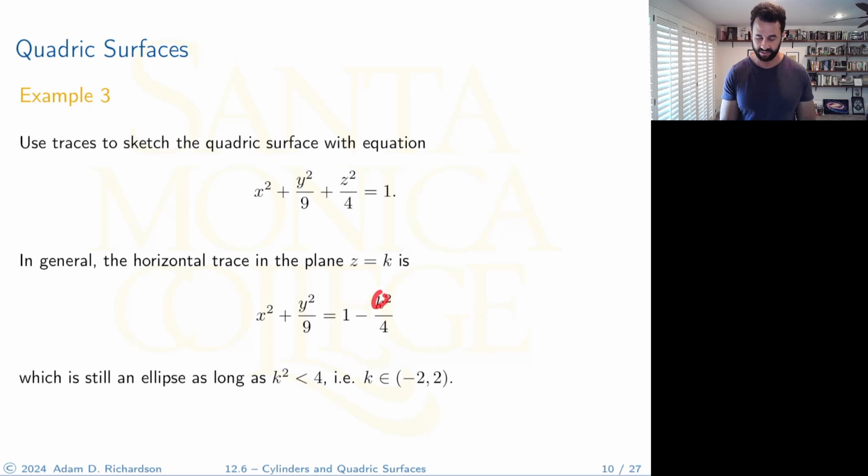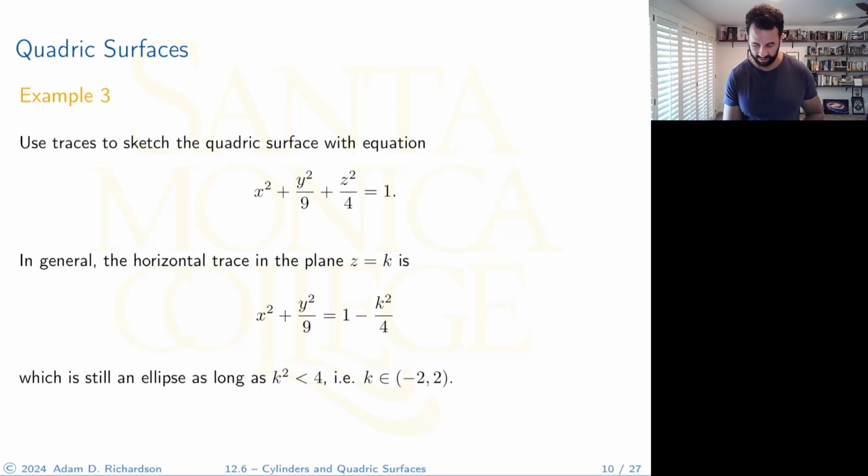Here k is a constant, so this is just some number. So whatever these k values, you're always going to get an ellipse as long as the plane you're slicing with is parallel to the xy plane. Every time you do that, you get an ellipse, as long as k squared is less than 4.